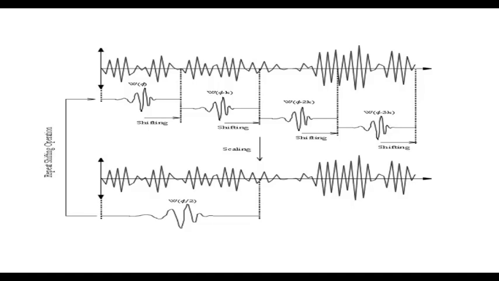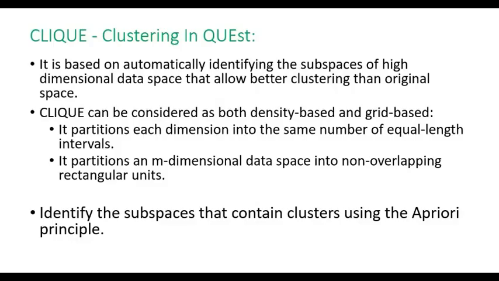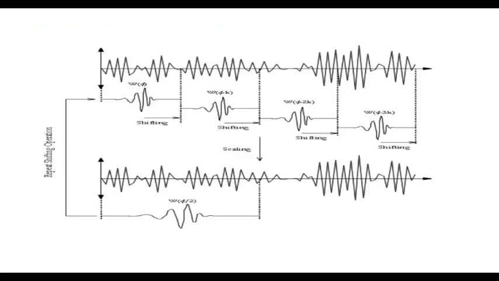To apply the wavelet transform means to summarize the data by imposing a multi-dimensional grid structure on the data space. These multi-dimensional spatial data objects are represented in n-dimensional feature space. Now apply the wavelet transform on the feature space to find the dense regions.